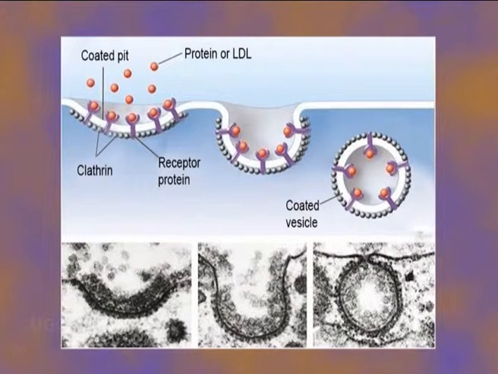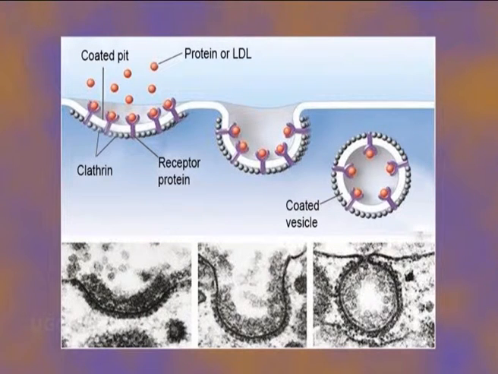Interestingly, the bacteria that cause leprosy and tuberculosis have adaptations which make them resistant to digestion by phagocytes. In receptor mediated endocytosis, small items such as proteins or low density lipoprotein, that is LDL particles, are taken up selectively. For this to occur, the substance must first bind to specific protein receptors on the plasma membrane.